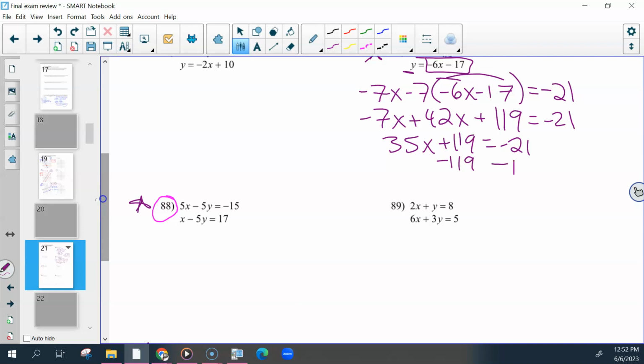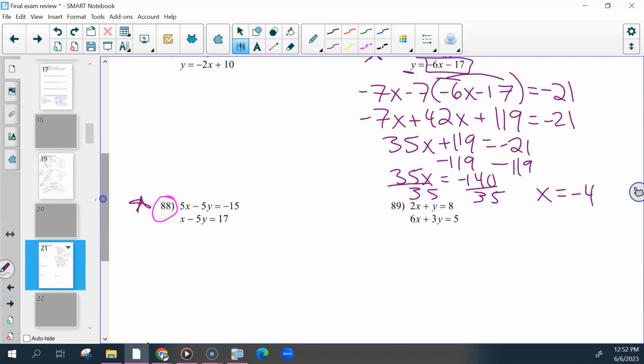Negative 140. And divide both sides by 35. Negative 4. So that's one part of it.